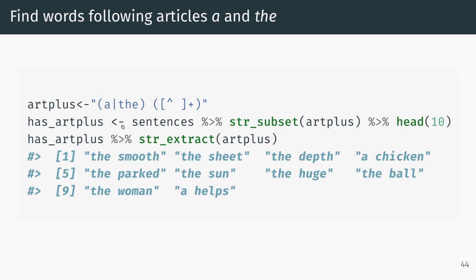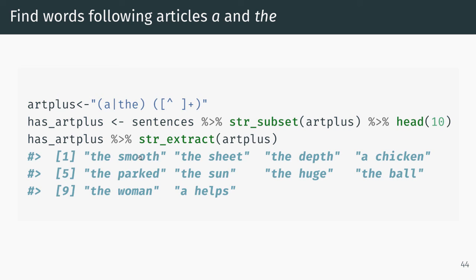Okay, and then we're taking the list of the 720 sentences, and we're getting the subset that have this. And then we're taking the head of that, and then we're putting it into has art plus, and then we're string extracting the article plus from this.